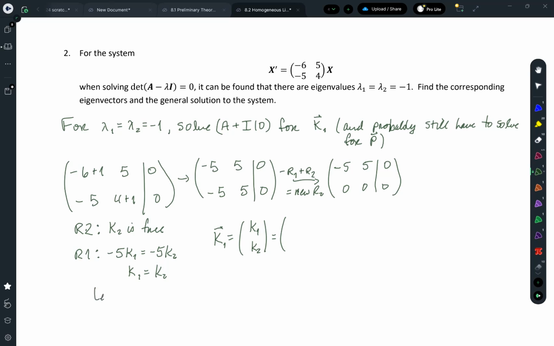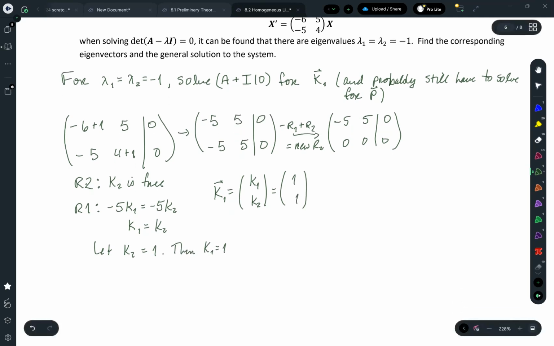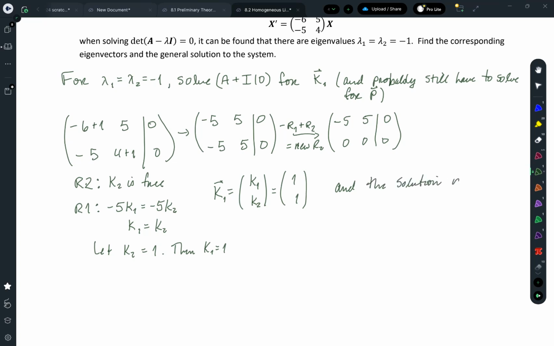So we're going to let K2 equal 1, then K1 is equal to 1, so we get a 1, 1 there. And the solution is x1 equals e to the minus t times K1, which is 1, 1. Okay, so we're done with that part.